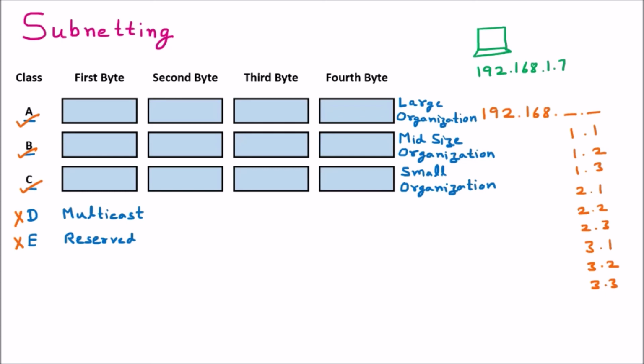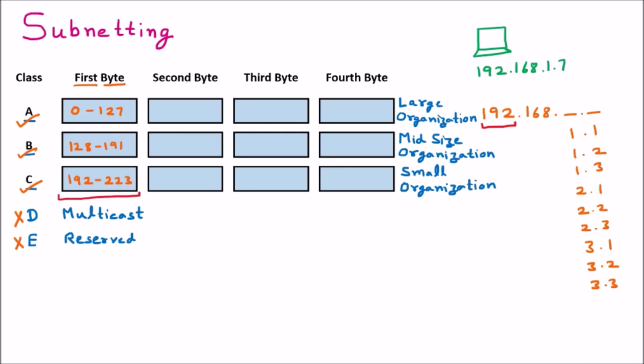If we assume that the first byte should be taken for finding the class, the class A range is from 0 to 127, the class B range is from 128 to 191, and the class C range is from 192 to 223. The example which we are opting is 192. You can see this 192 is taken from the range 192 to 223.